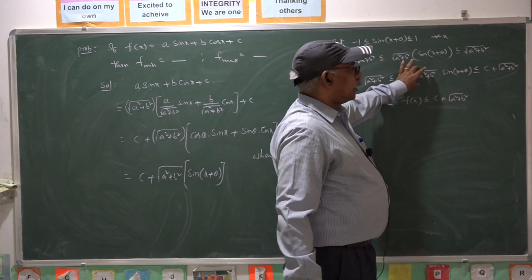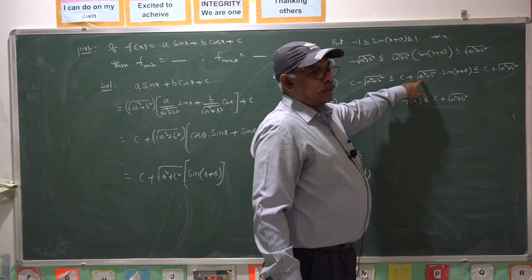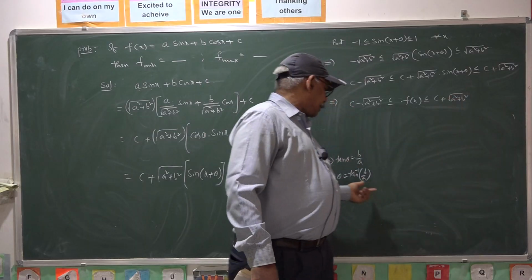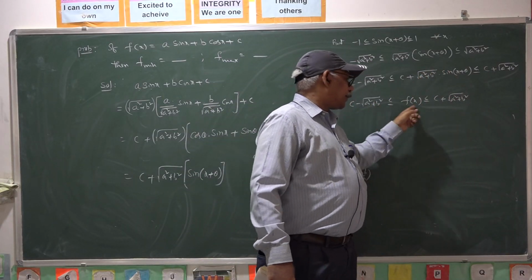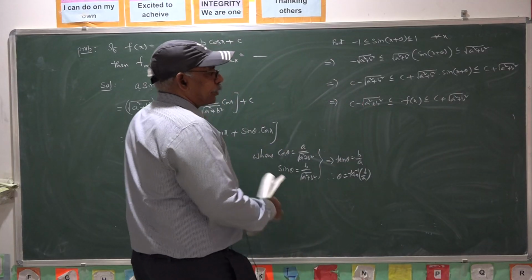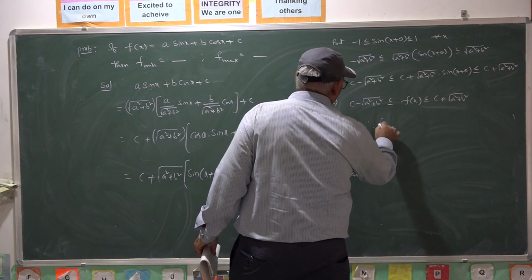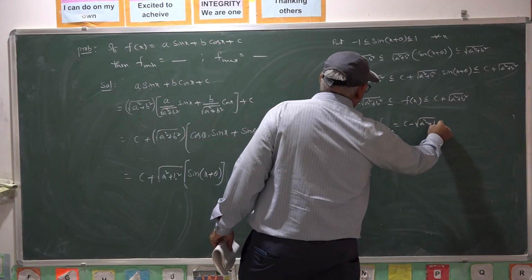So, hence the given function can be put in this form, where theta is a constant, tan inverse b by a. So, the minimum of this function is this, maximum of this function is this. So, f minimum equal to here c minus root a square plus b square.